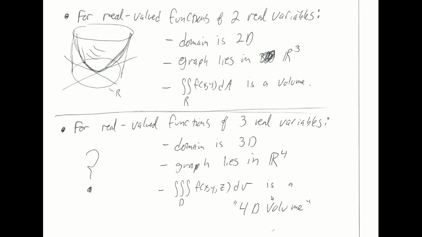The idea is that I've got a volume. I'm going through every little sub-volume in the region D, some subset of 3 space. So I've got something like a rectangular box here. I'm moving through every point in that volume, and at every such point I'm multiplying the volume of the little sub-rectangular box times a height, quote-unquote, pushing out in the 4th dimension.